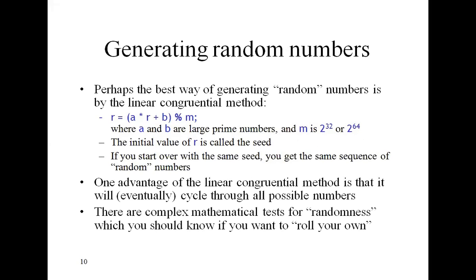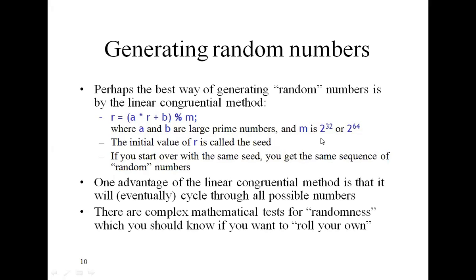So, generating the random numbers. The best way of generating random numbers is by the linear congruential method. See this method: R equals A multiplied by R plus B, mod M. The percentage operator indicates mod M, that is the remainder when you divide by M. A and B are large prime numbers.